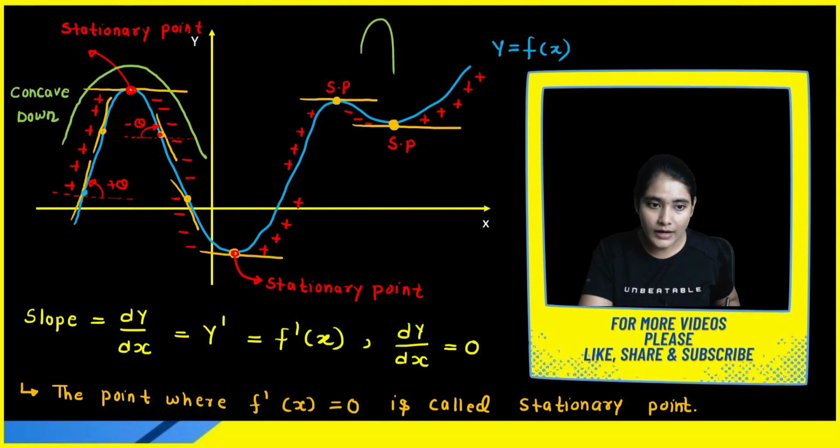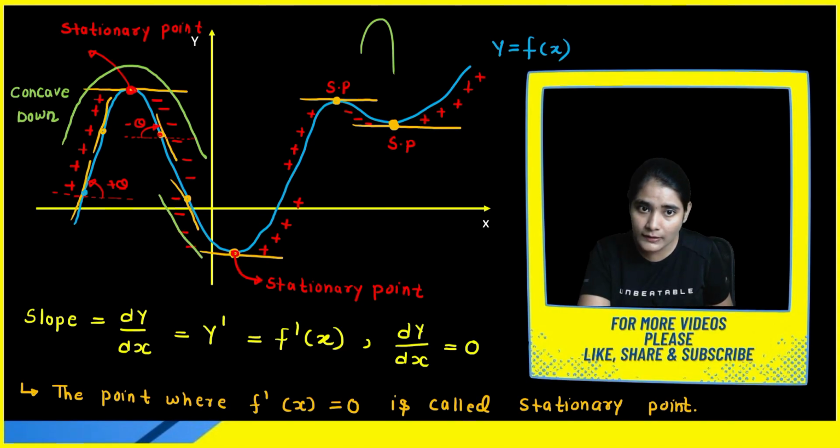Okay, try to come to this region. When you observe your graphical representation, your graph is first going down, then it is going up. Here, what is happening? Your graph is first going up, then going down. First up, then down, it's a concave down, concavity. Now let's try to understand here also.